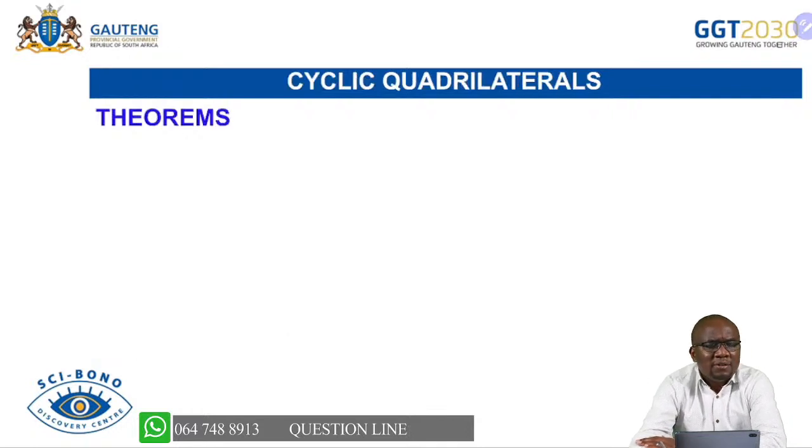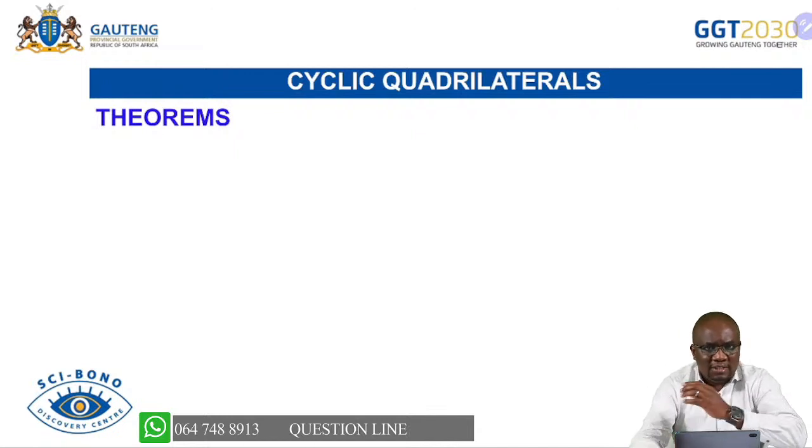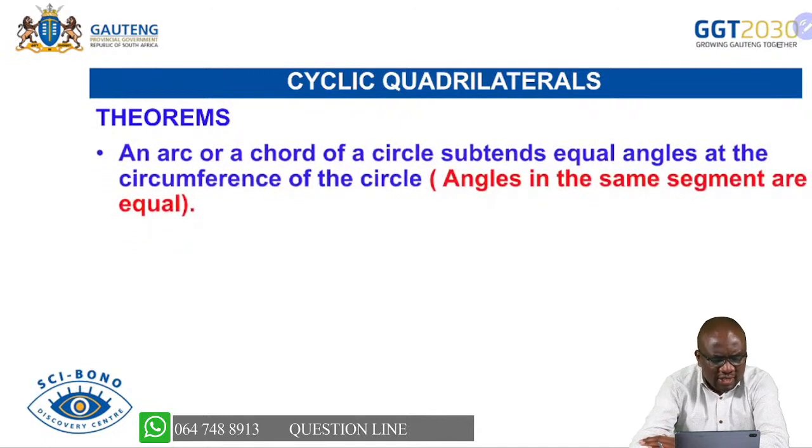Okay, theorems that we're going to look at today. I just want to give you a highlight of them, and then later on we're going to look at each and every theorem. Right, the one which says that an arc or a chord, remember these features in the circle?